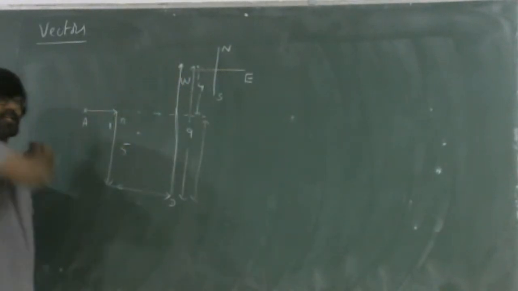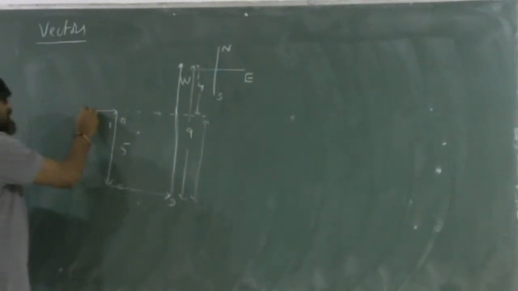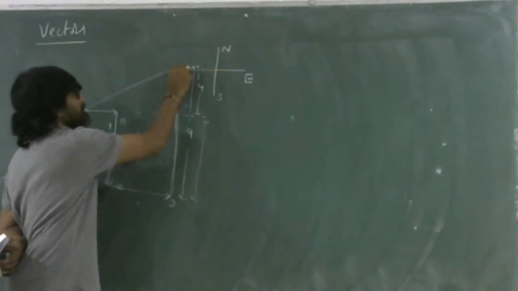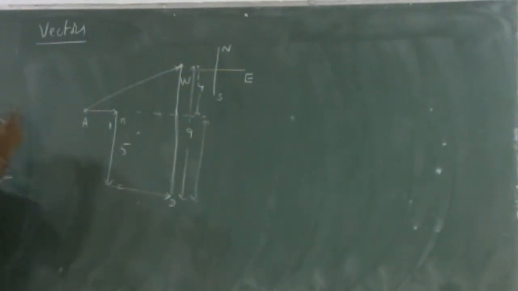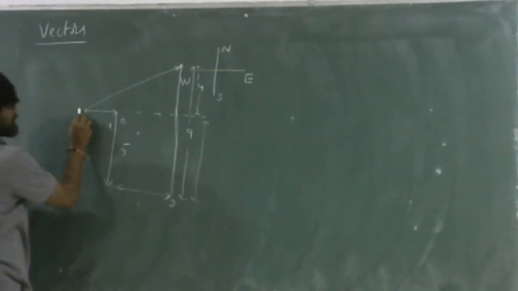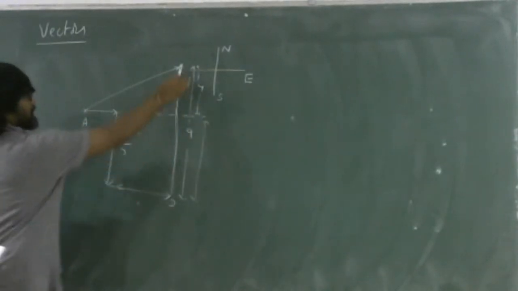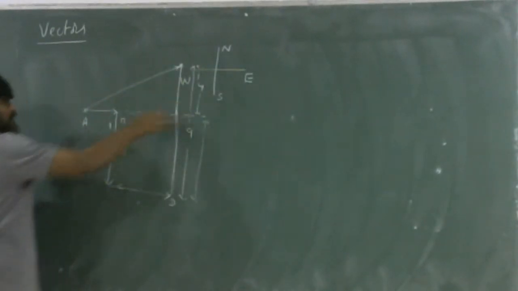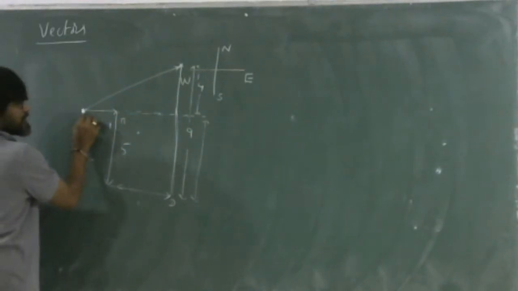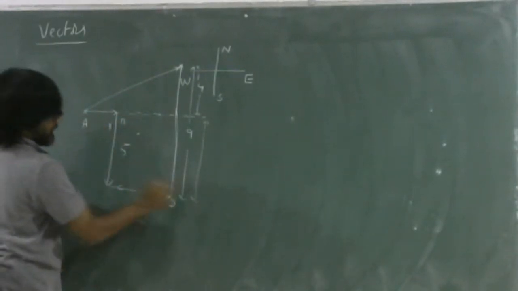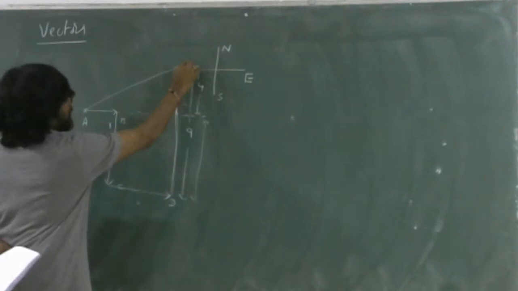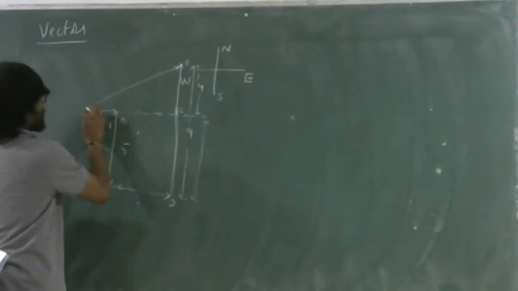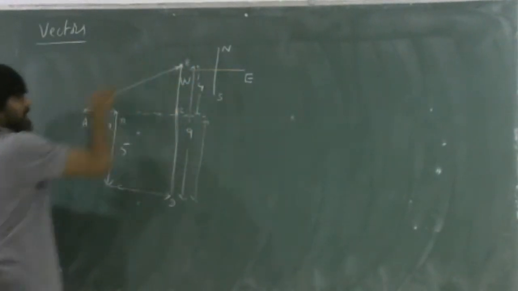If I draw a straight line between them, this gives the displacement. You have to treat this horizontal line as one side, this as another side of a triangle that is forming here. You can name the points A, B, C, D, E, F. So here A, F, E is a triangle.